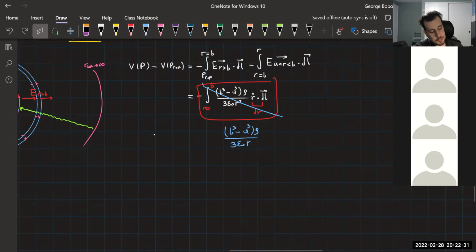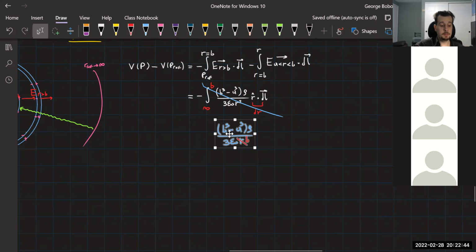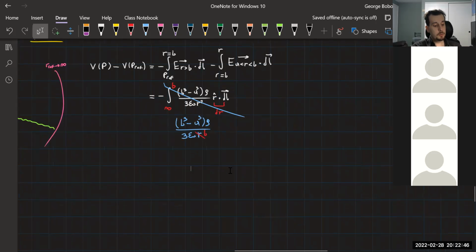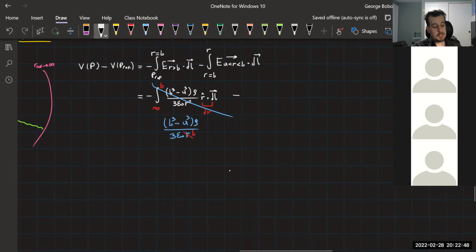So this is basically what you see here with the substitution that this becomes b. There you go, recycling the results from before. Why not? The only interesting one is the next integral, which we haven't done yet. And this one goes again from B to the point of interest.